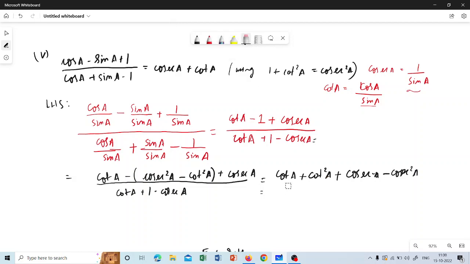Now if you try here, what will happen? If I take cot A common, there will be no use. Again, you'll get like, let me try and show you. You might think that we have to take cot A common. So 1 plus cot A. I'm just writing like this because this is an unnecessary step, just to show you 1 minus cosec A. So is there any use of writing like this?